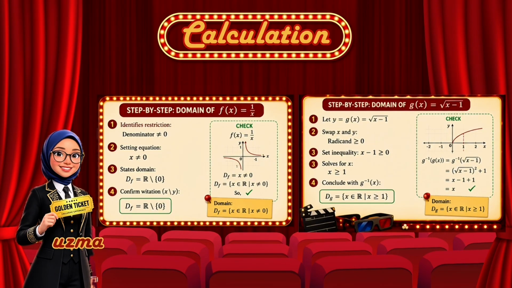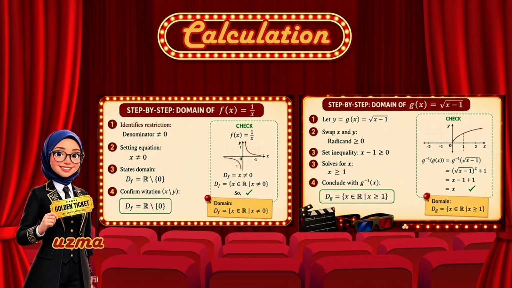So, our key restriction is x cannot equal 0. Steps 3 and 4, this means x can be any real number except 0. Expressed in set notation, the domain of f is real numbers x such that x cannot equal 0. Looking at the graph, you can see the curve splits right at the vertical asymptote, x equals 0.